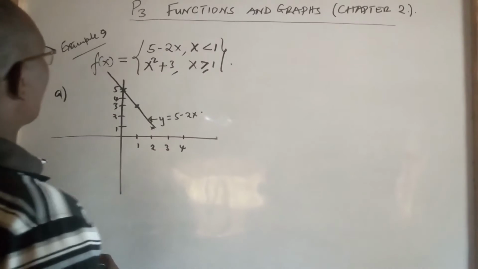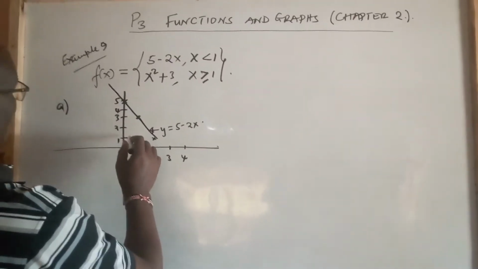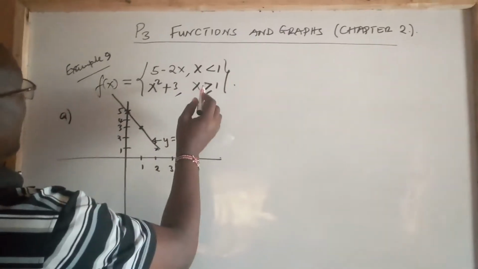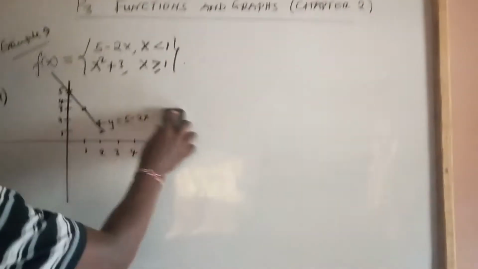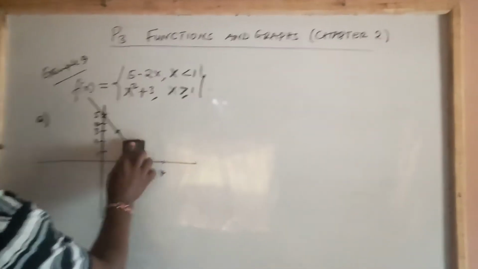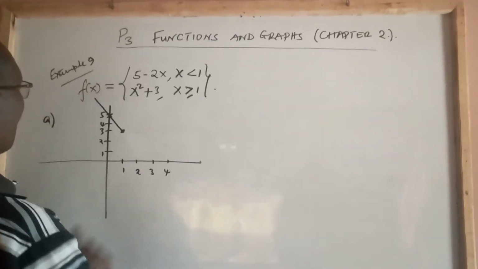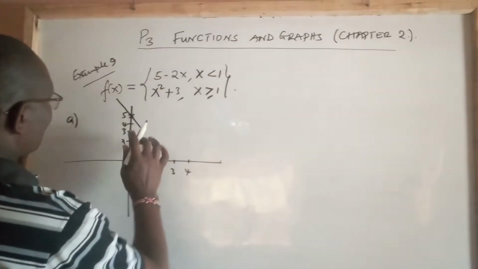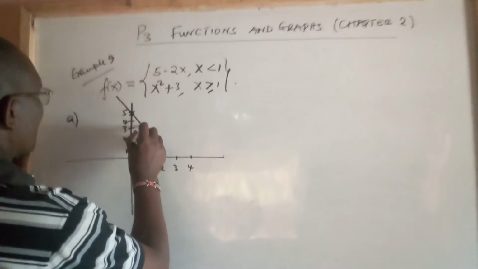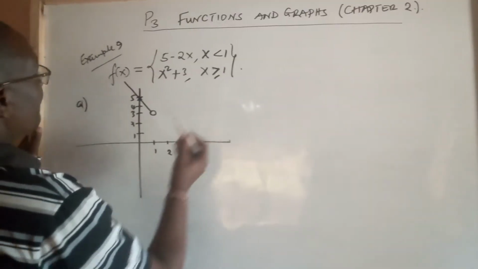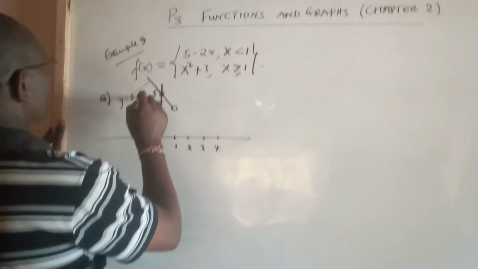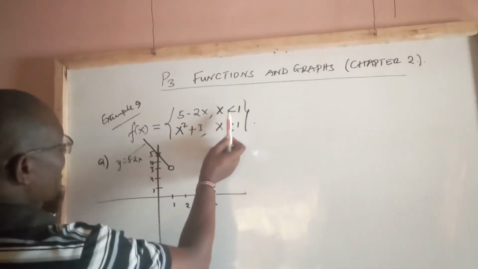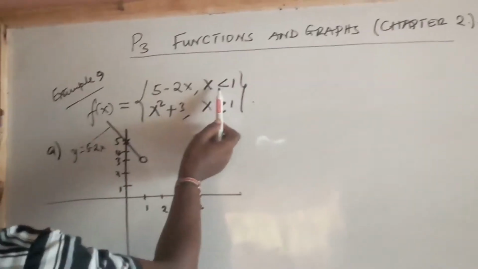I should have talked of something else because this part is not needed. Even this part itself is not supposed to be shaded, because for the equation y equals 5 minus 2x, we are considering only when the values of x are less than 1.